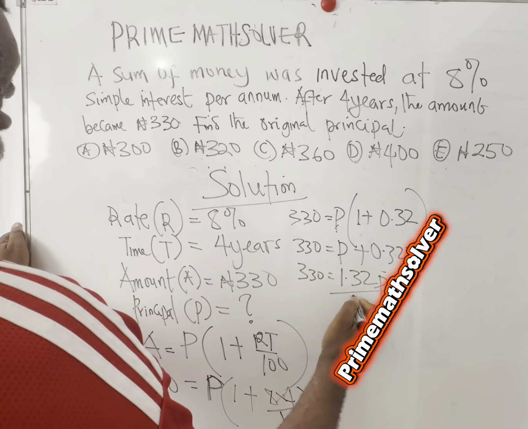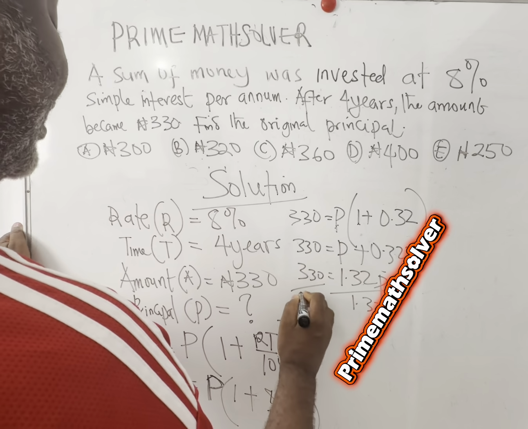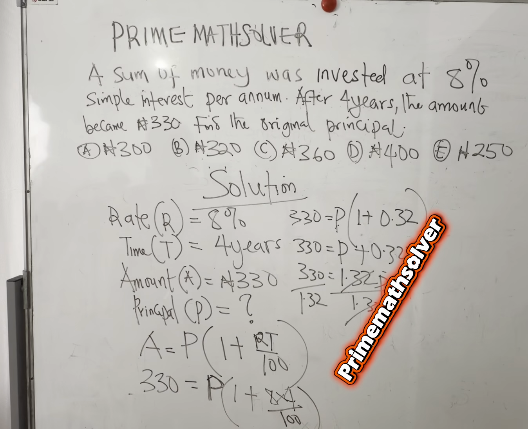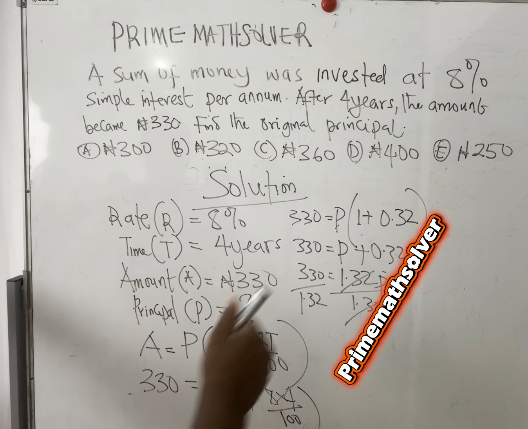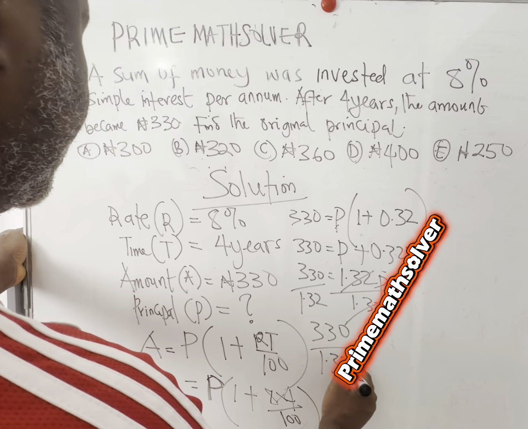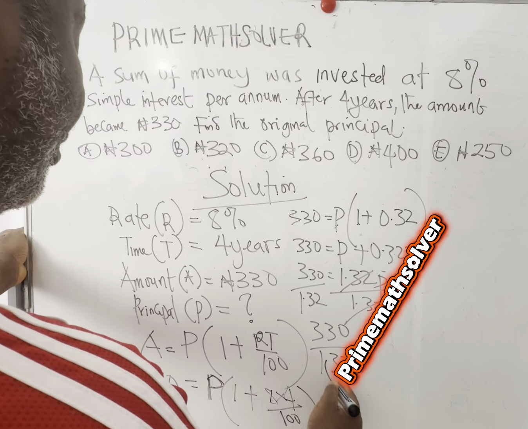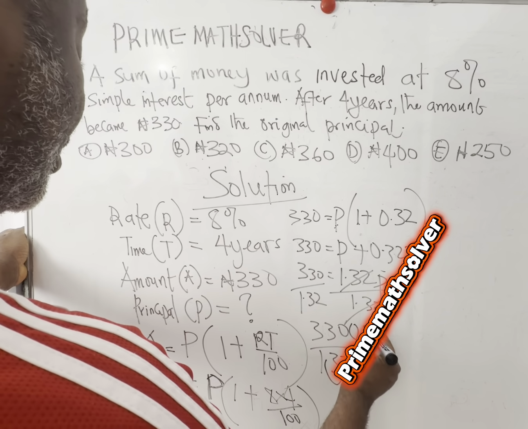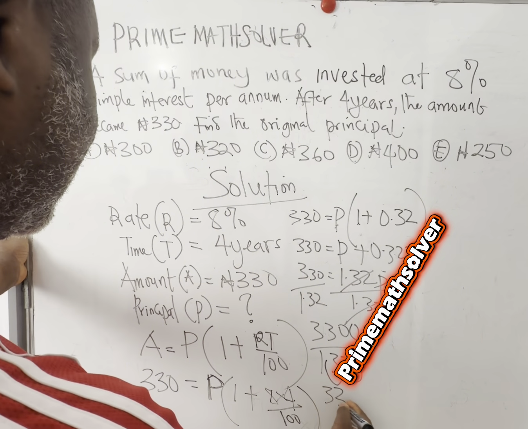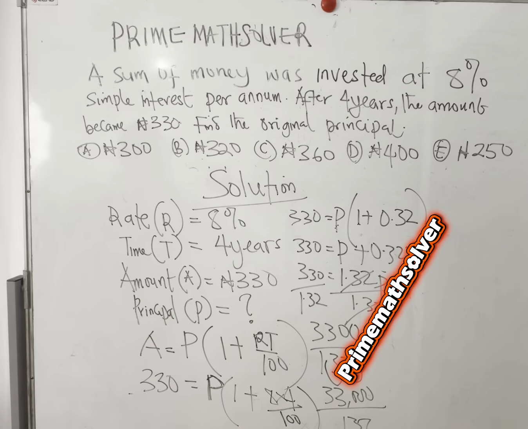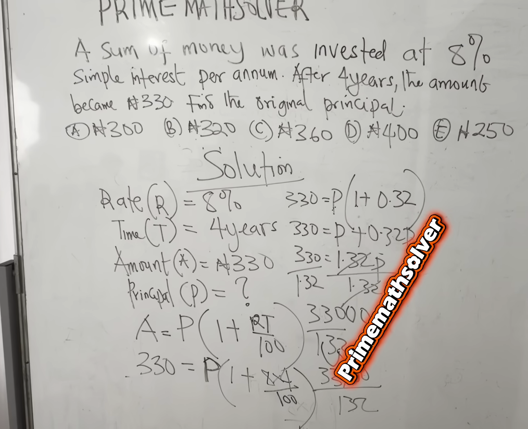So we divide both sides by 1.32. This cancels out, so P equals 330 over 1.32. Let's move the decimal. If you move the decimal here 1, here becomes 0. You move here 1 again, here becomes 0. So we have 33,000 over 132. Now, how many times can 132 go into 33,000?